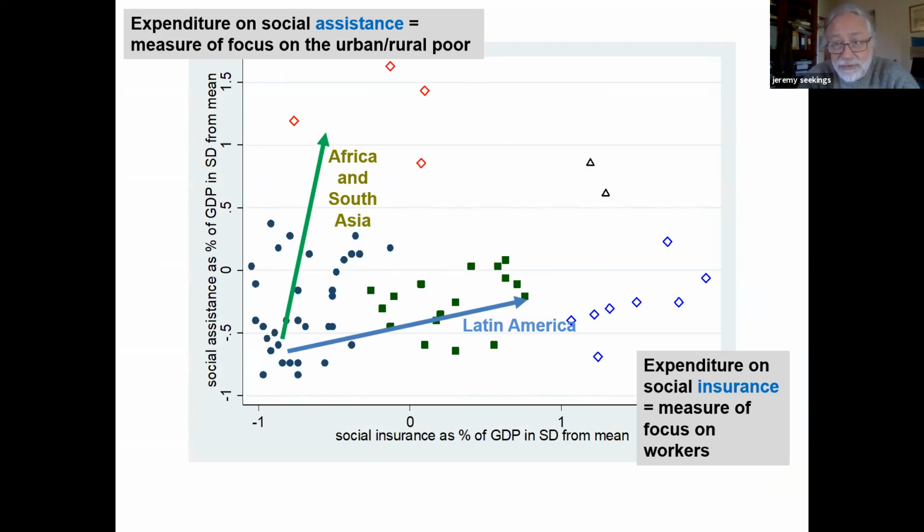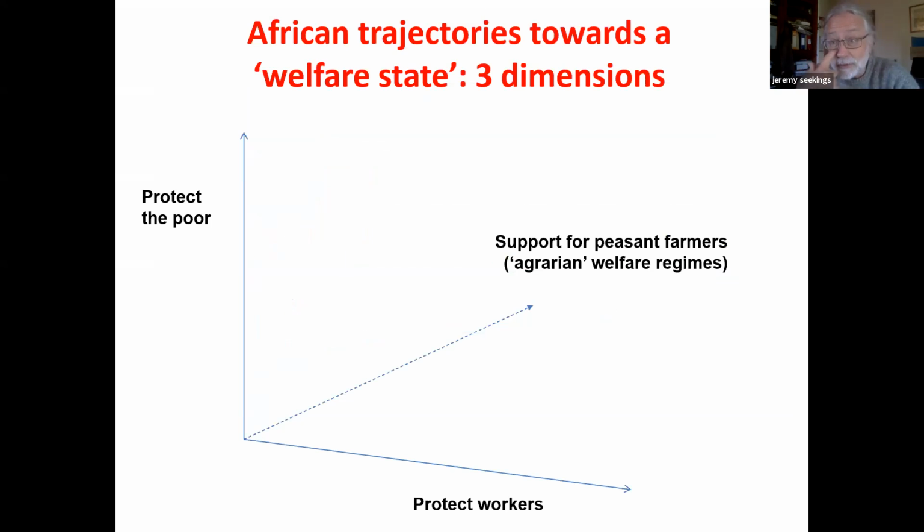So Latin American welfare regimes primarily expanded provision for workers, African and South Asian, much less so, primarily for poor people, and then, as I said before, for peasants, because peasants provide a kind of a third dimension in Africa and South Asia, which doesn't exist in the same way in much of Latin America or in Europe.